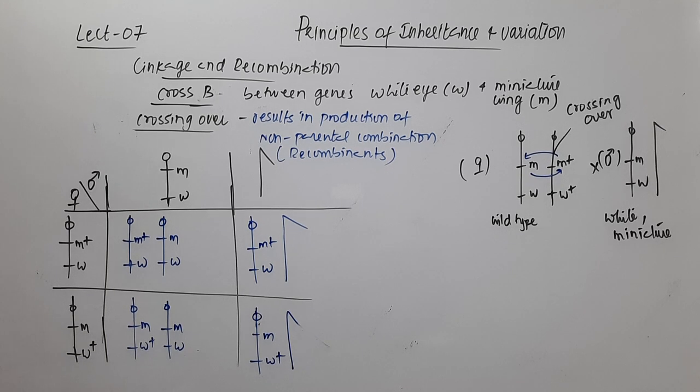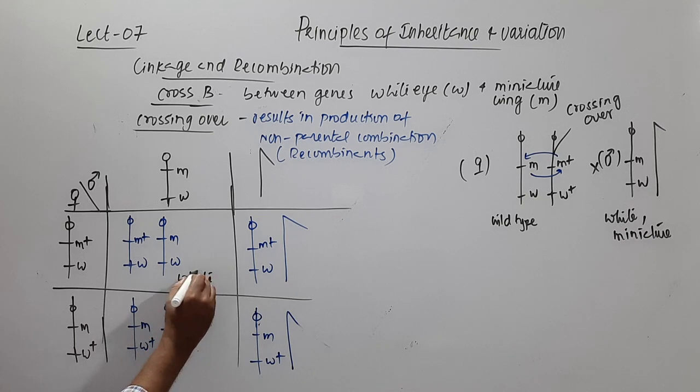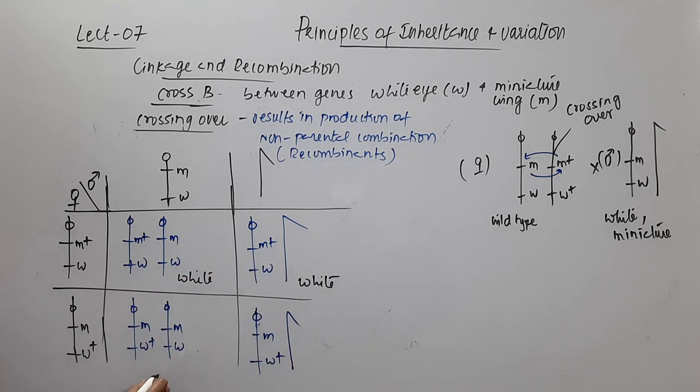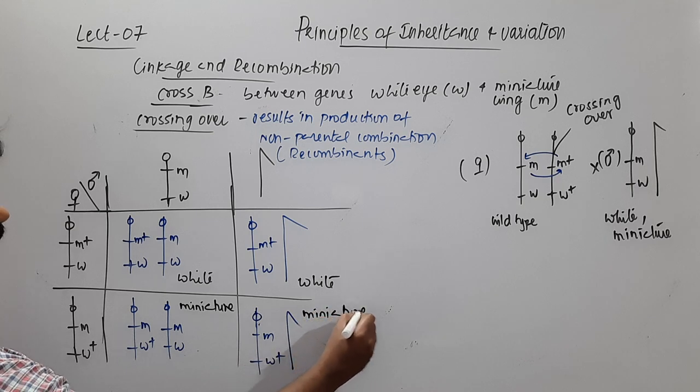So this is white, and this is white. In this case it is miniature, and in this case it is miniature. So here we obtained the recombinant types.